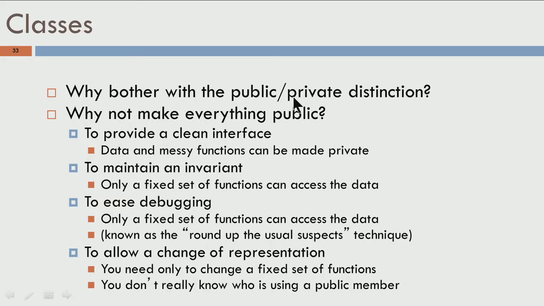So, this notion of public and private is a useful distinction to make. We do not make everything public by default, because by keeping things private we can provide a very clean interface, and we can also maintain things which are supposed to be invariants. What is the validity of the data inside? We can maintain the invariants.